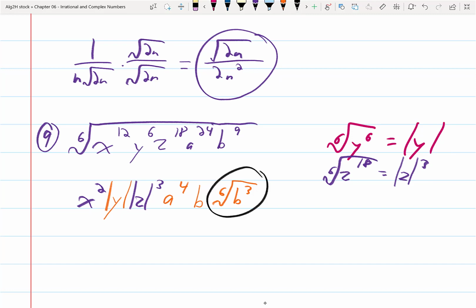Right here, if b was negative, then we'd have an issue with a negative underneath a 6th root, which I can't have. There is no 6th root of a negative number. The same thing happens here. We're okay. So this is a good problem type to study to kind of figure out what is really going on with these absolute values and when do I need it and when don't I.